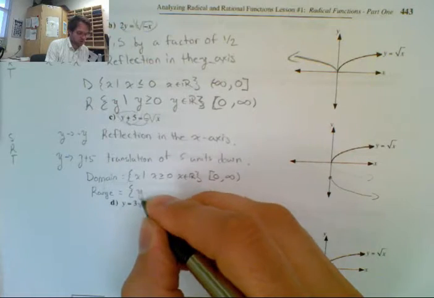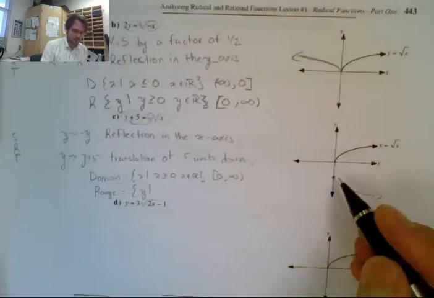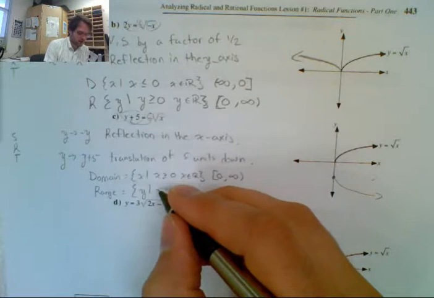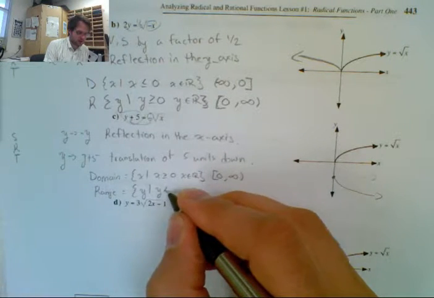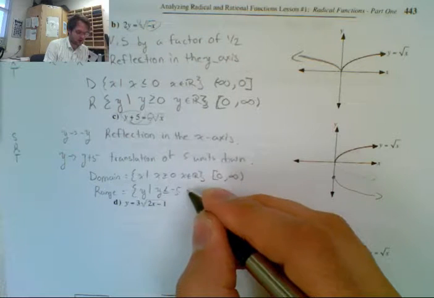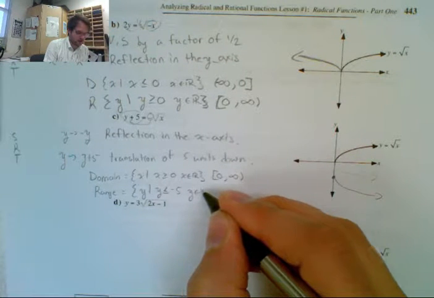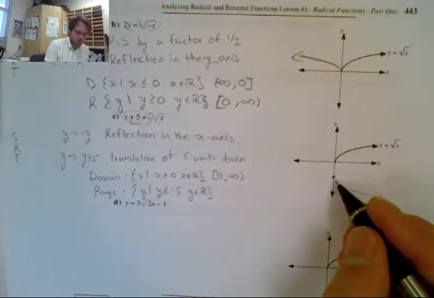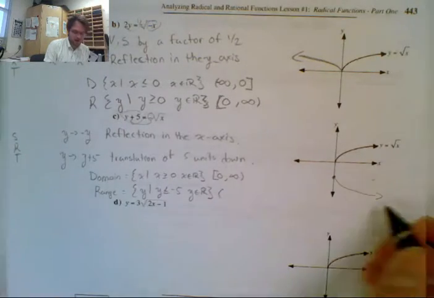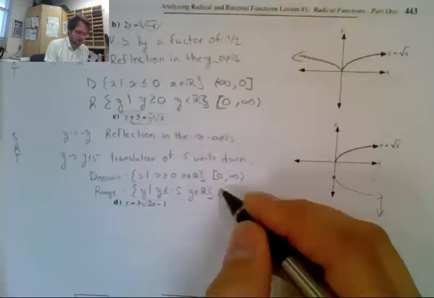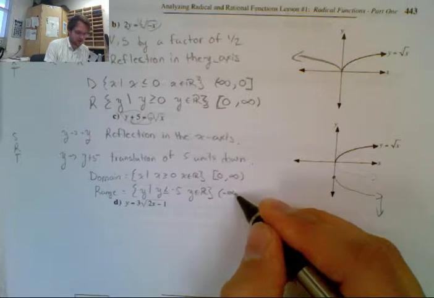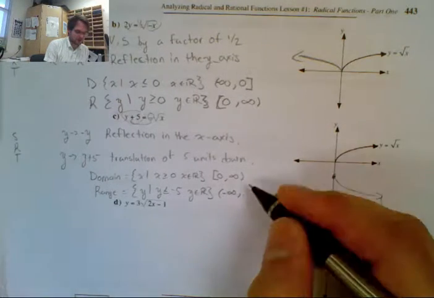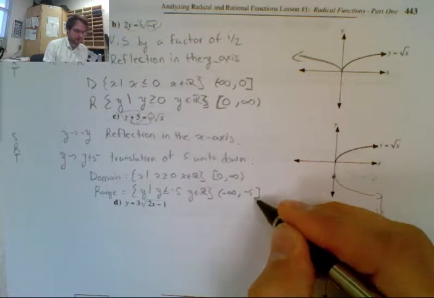We are going to look at y such that, right here, y actually starts at -5. So we have y must be less than or equal to -5. y is an element of all real numbers. Here, we could go forever in the negative. We're going forever down, so we have negative infinity. And our max is -5, so that's closed.